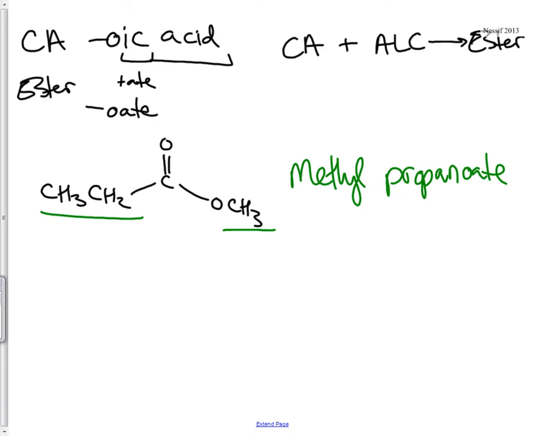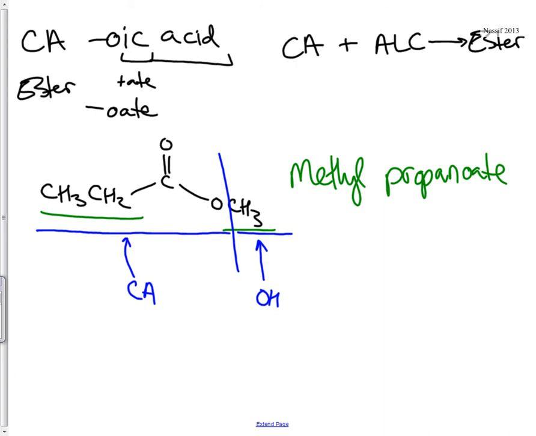So what can we see here? When we divide up this molecule, there are two parts. There's the attachment plus the carbonyl group and the ester bond, and then there's the R group. This group comes from the alcohol. This group comes from the carboxylic acid.